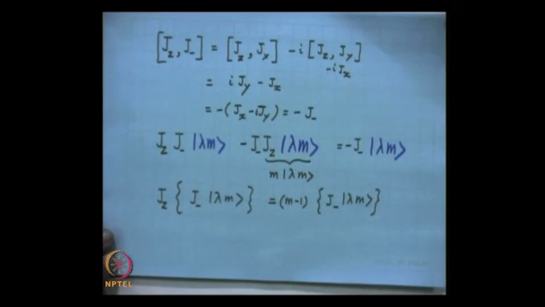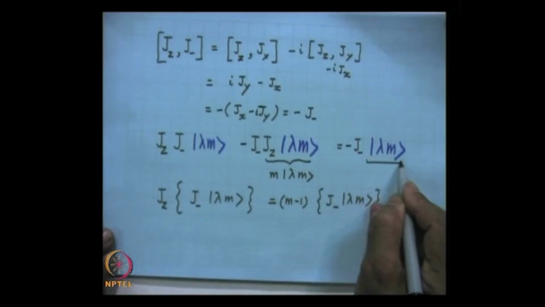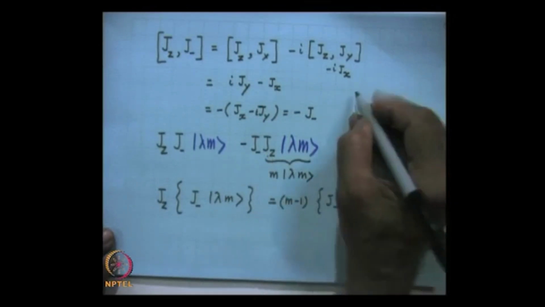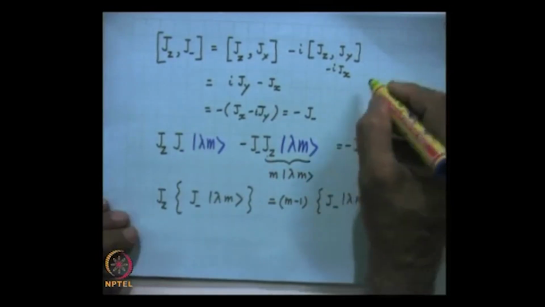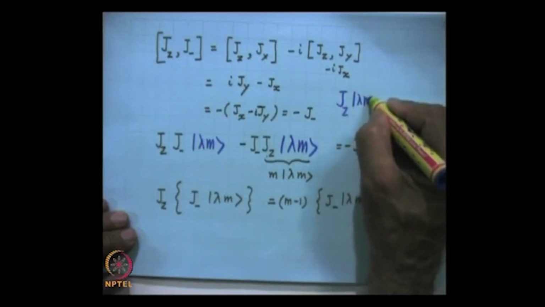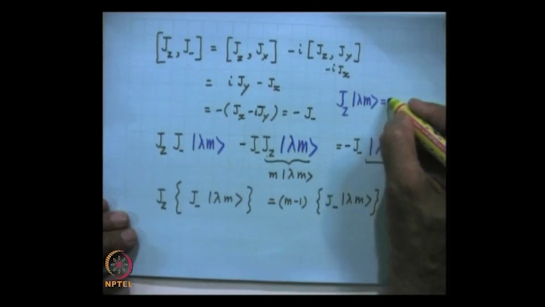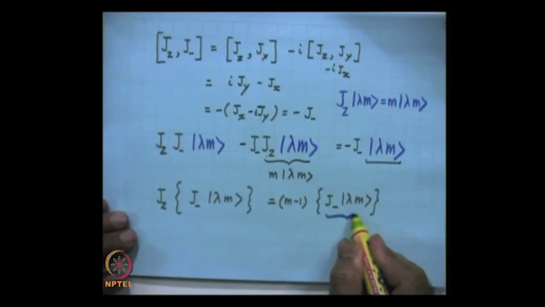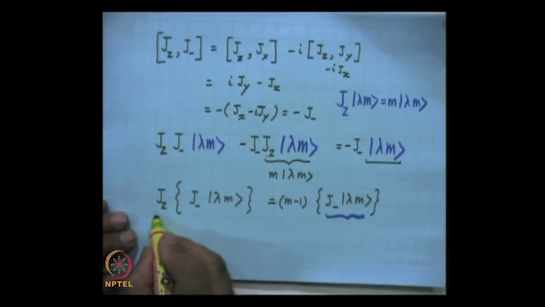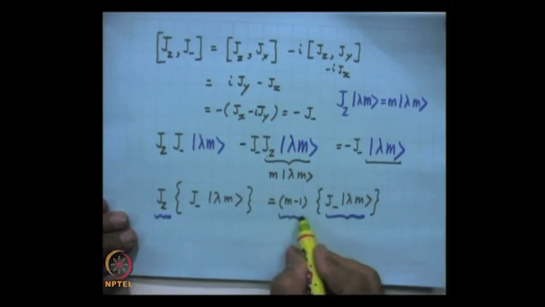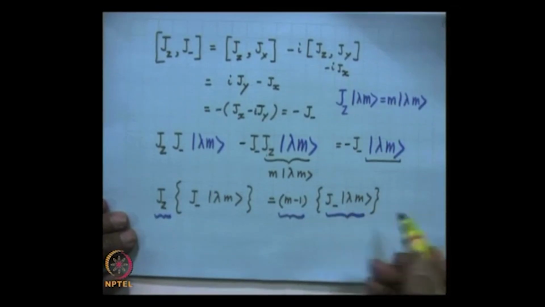So, therefore, if ket lambda m is an eigenket of the operator Jz belonging to the eigenvalue m, then J minus ket lambda m is also an eigenket of the same operator Jz, now belonging to one less eigenvalue, m minus 1, provided of course this is not a null ket.